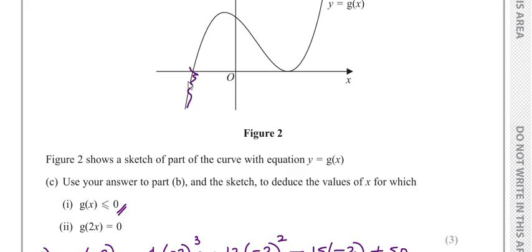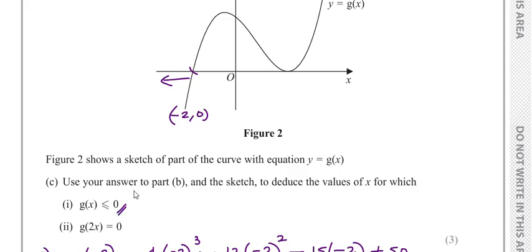Since we know that x plus 2 is a factor, this particular point is minus 2, 0, right? Therefore, x should be less than minus 2. If it is more than minus 2, it will get us a positive y value. That's not what we want. We want less than 0.